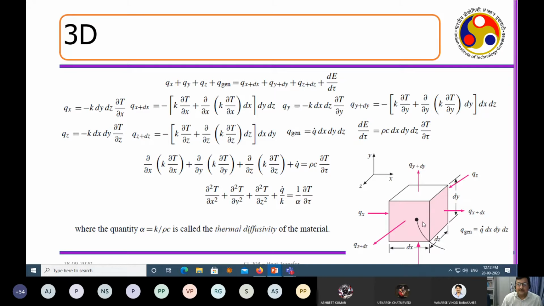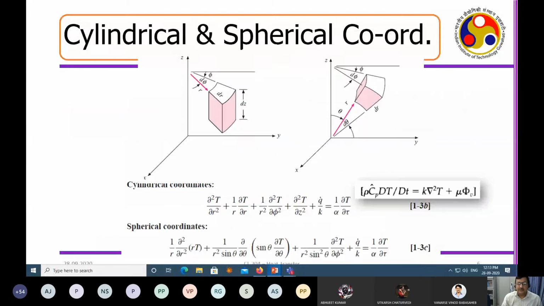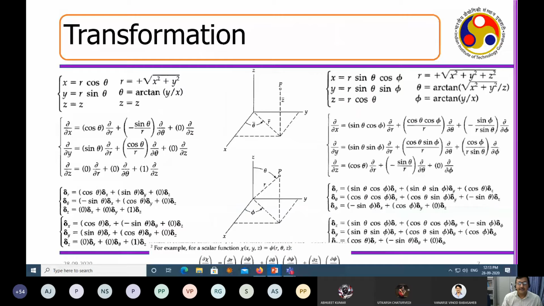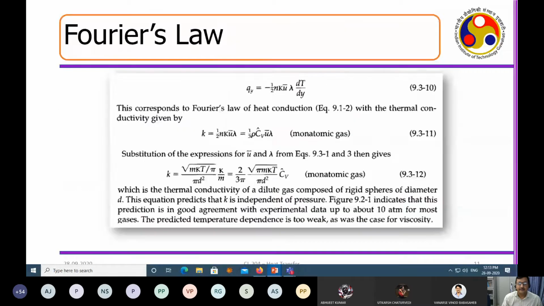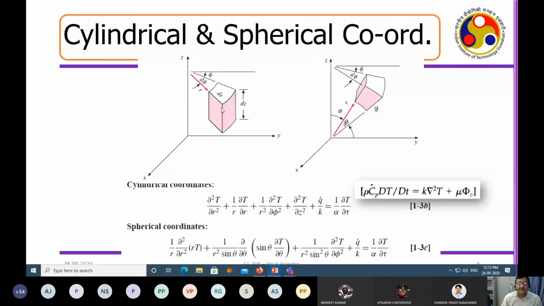So we could perform the same shell balance equation for a volume, starting from a thin slit. So this is a thin slit and this is a volume. This can also be extended for a cylindrical coordinate system and for a spherical coordinate system.